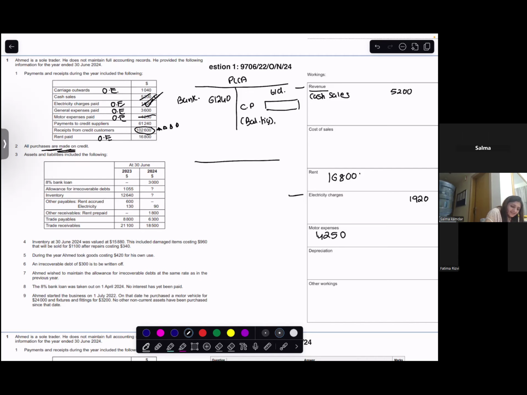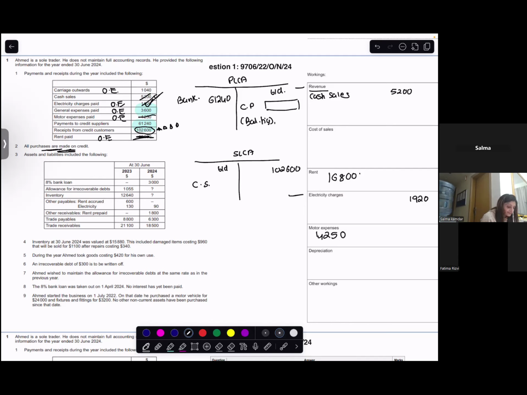Should I also make an SLCA? I'm just writing, I don't know whether I want credit sales or not. It's balance brought down, credit sales, everything else on the other side. Okay, I used my rent paid. So I know that there is just three information that is not used. Correct? Rest all I have incorporated.